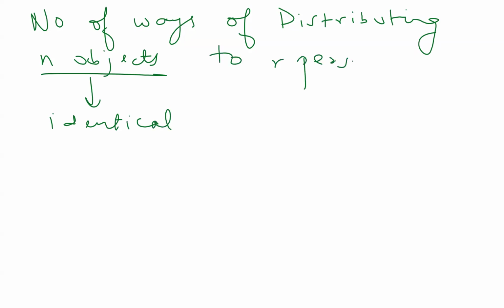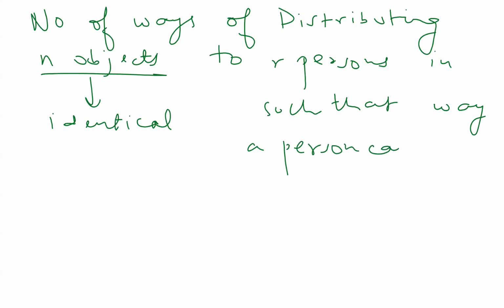To r persons, in such a way that a person can get any number of objects. He can get zero objects also.